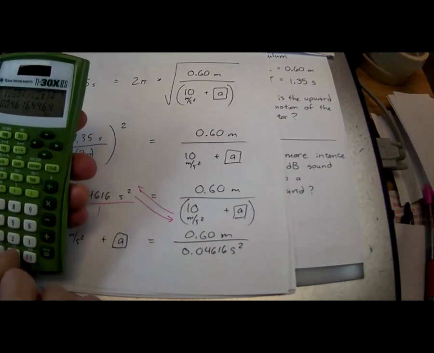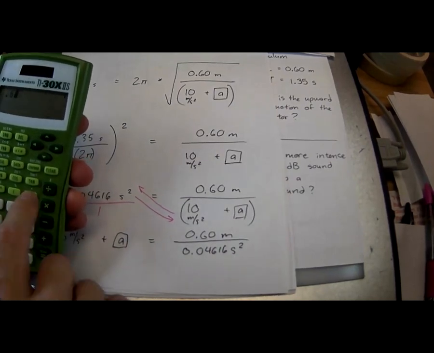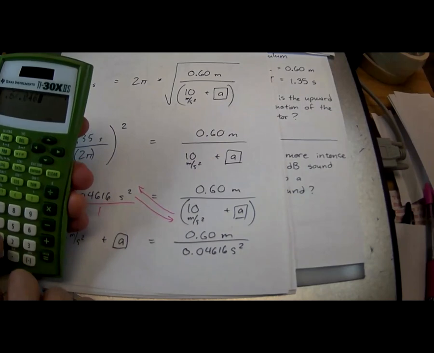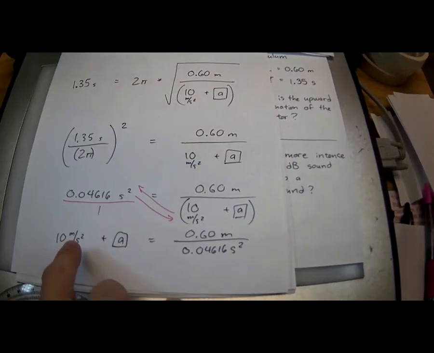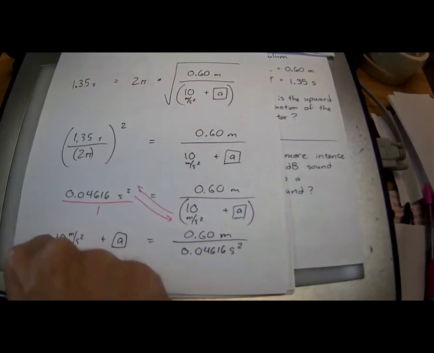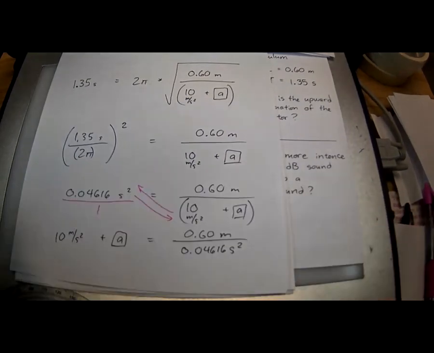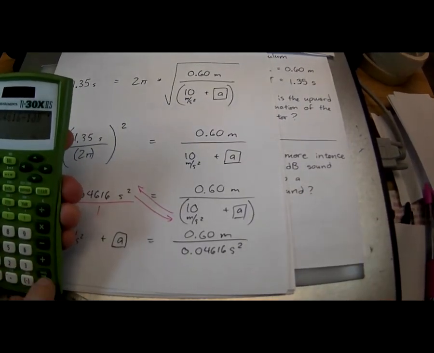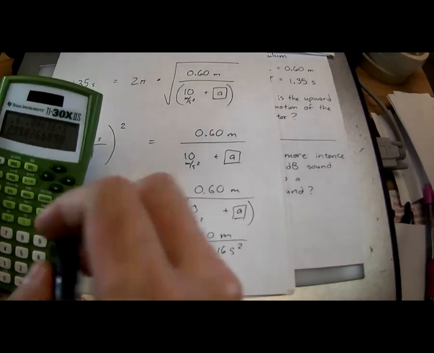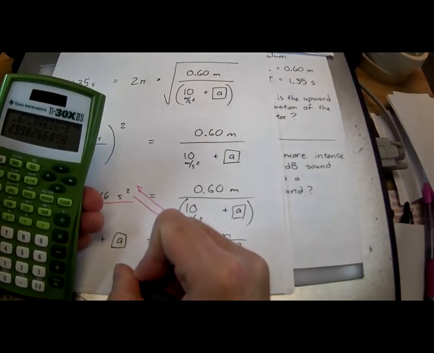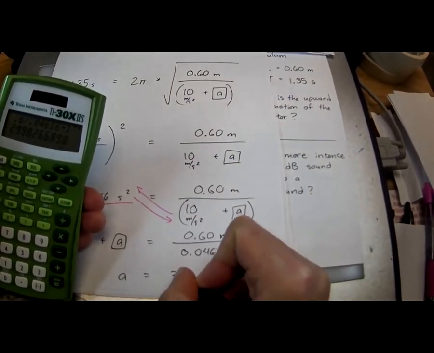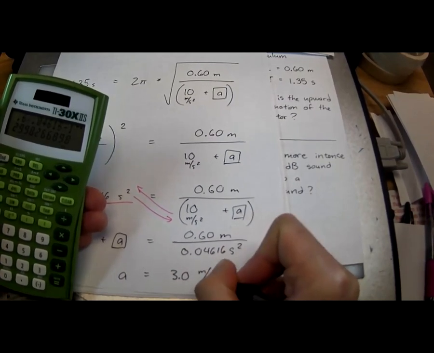What is 0.6 divided by 0.04616? Then do you see the last algebra step? We're just going to take this 10 and subtract it over. Subtract 10, so minus 10. The answer is 3, well, 2.99. So acceleration is 3 meters per second squared.